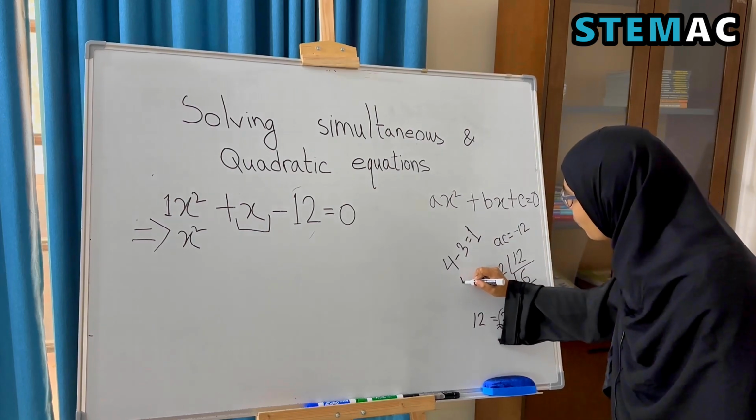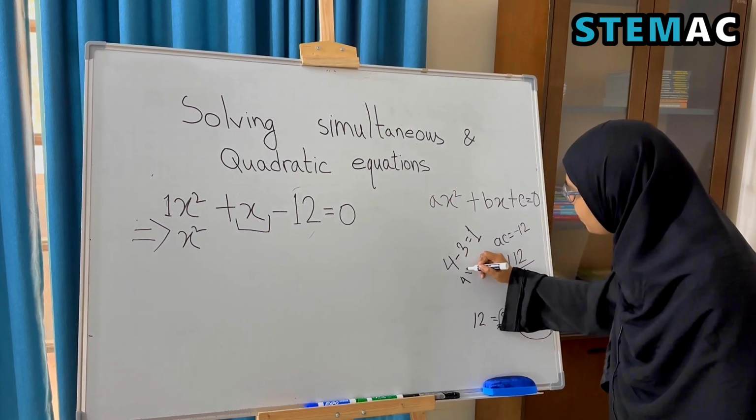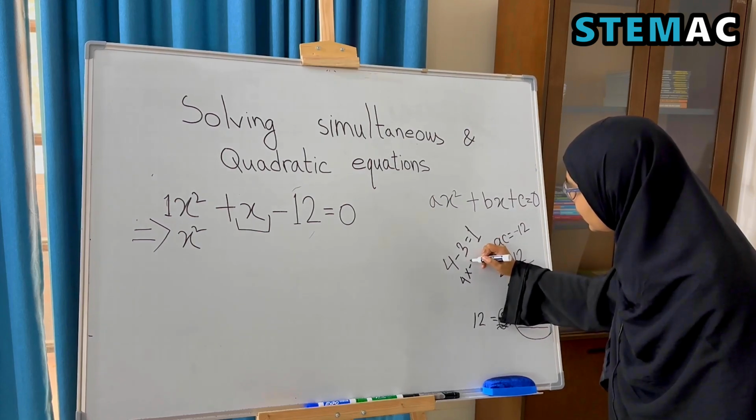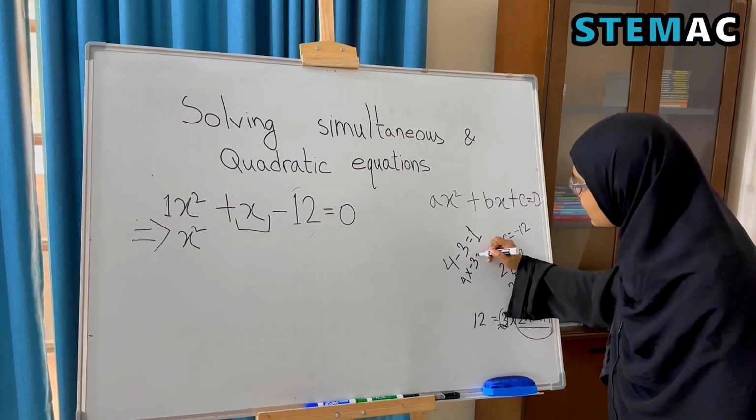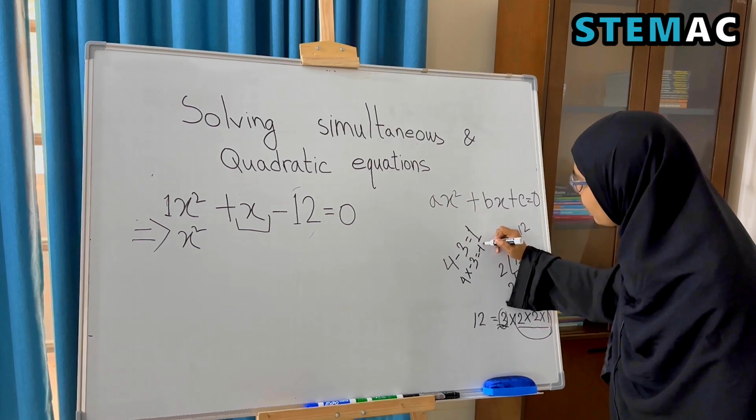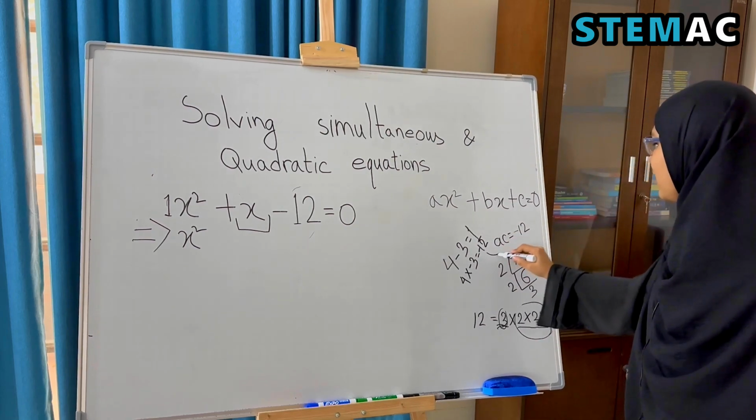Also, 4 multiplied by minus 3 makes minus 12, and that is my AC.